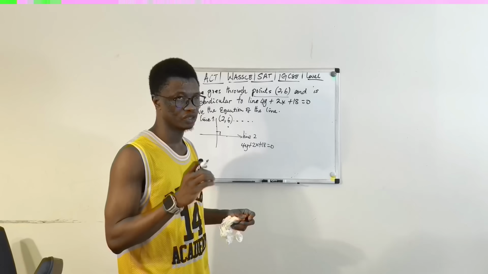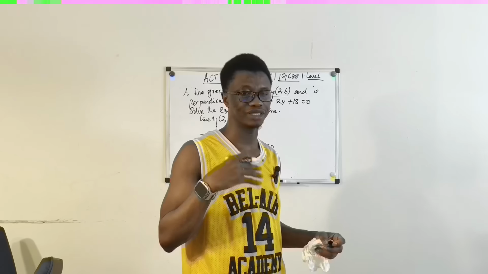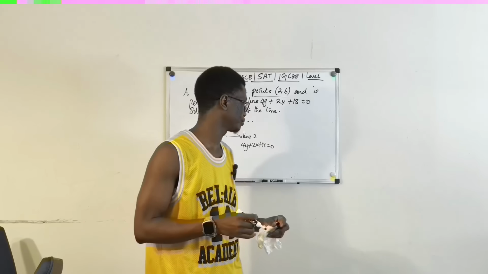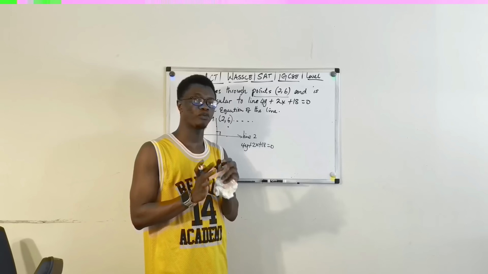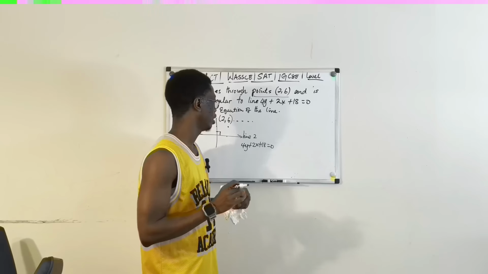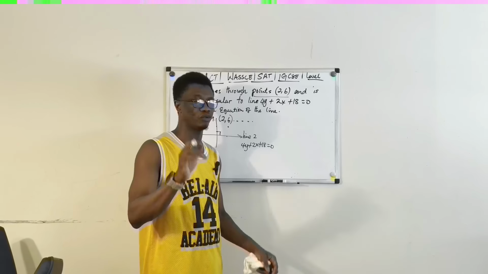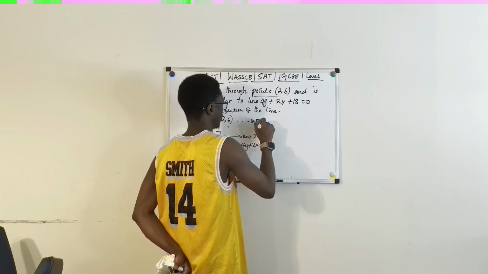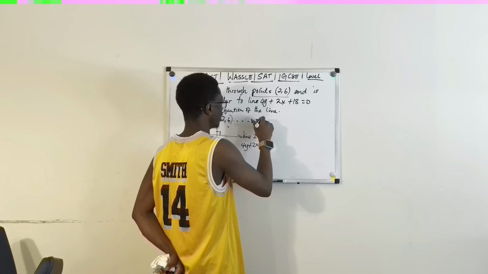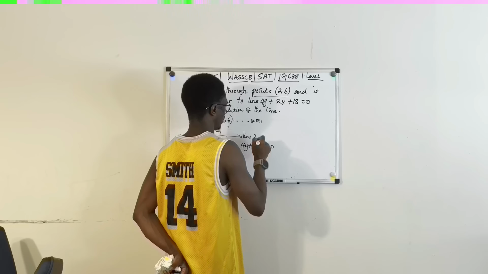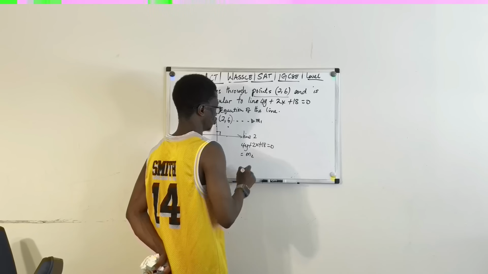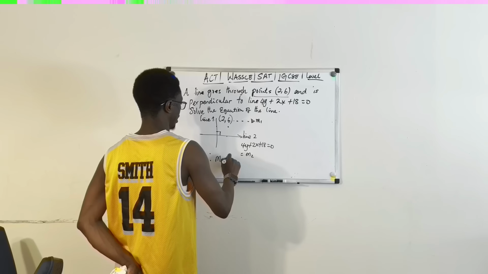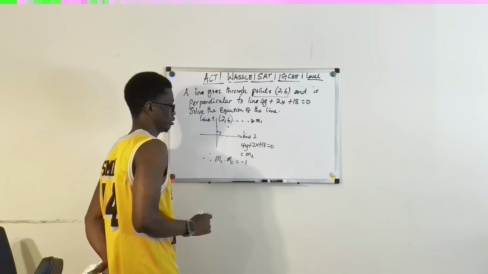How do we do that? The first thing you need to know is what perpendicular lines are. For two lines to be perpendicular, the product of their slopes must equal -1. So let's say the slope of this one is m1 and the slope of the other is m2. It means that for two lines to be perpendicular, m1 multiplied by m2 must equal -1.